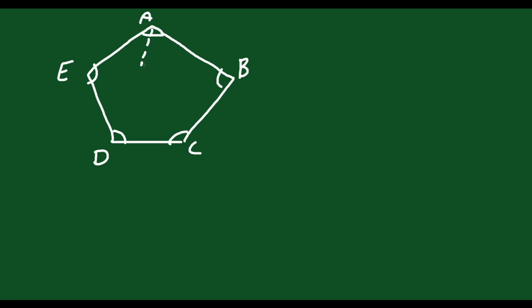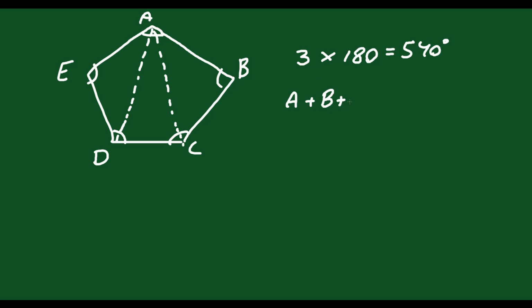Well, if I go like this, I have 1 triangle, and then I do another one like this. Now I have 3 triangles, right? So if 3 triangles fit in here, 3 times 180 gives me 540 degrees. So therefore A plus B plus C plus D plus E should add up to 540 degrees.